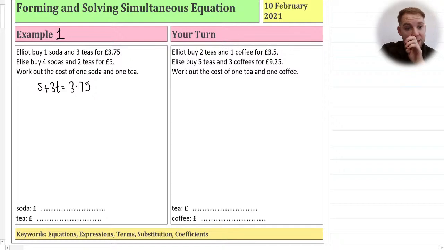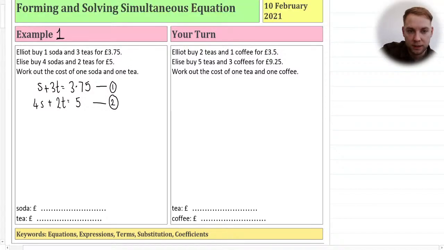And then for the second one, this time it's going to be 4 sodas plus 2 teas is equal to £5. So that's equal to 5. Now you could put the decimals if you want. And then you've done it. You've got your starting point. You've created your 2 simultaneous equations, equation 1 and equation 2.